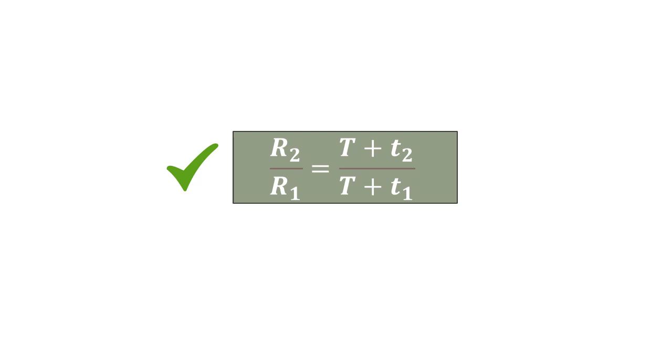But I tell you, my strategy is always to assign R1 and T1 for situations where temperature and resistance are known.